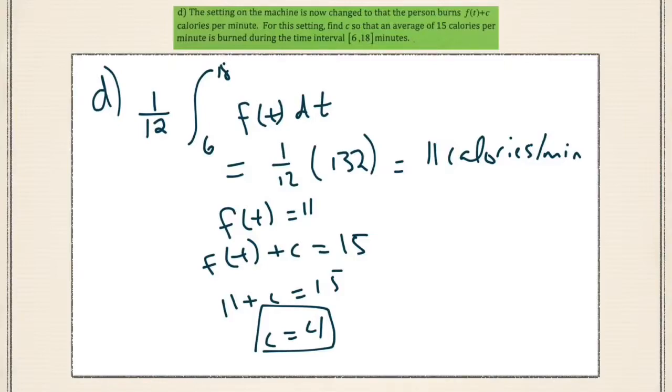By using part C, we know that the integral is 132 calories divided by 12 minutes, and we get 11 calories per minute. Since we want to hit 15 calories per minute, and the last one was 11, 11 plus c must equal 15, meaning c is equal to 4.